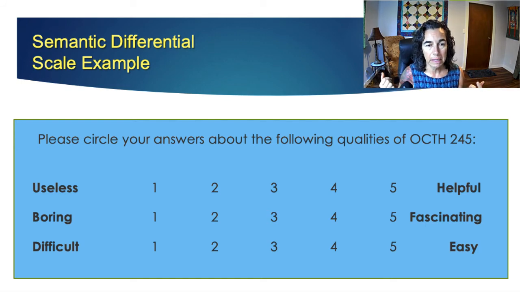The semantic differential uses a continuum of opposite terms, for lack of a better word. So useless to helpful, boring to fascinating, difficult to easy. And notice that useless, boring, and difficult are on one side, and they're closer to the ones, and helpful, fascinating, and easy, the more positive attributes, are on the 5 side.